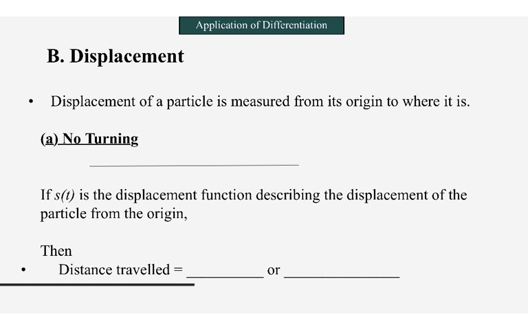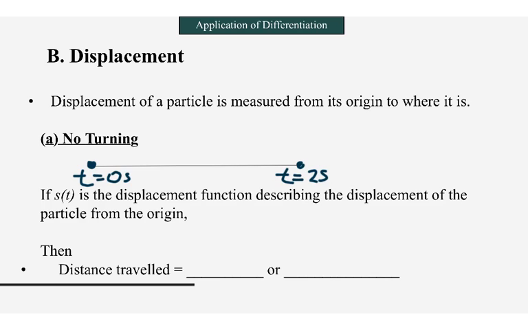Now we will focus on displacement. The displacement of a particle is measured from its origin to where it is. The origin here refers to the fixed point O. There are two cases here. First, we will talk about the case where there is no turning.